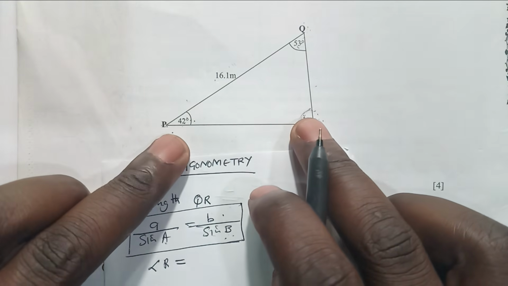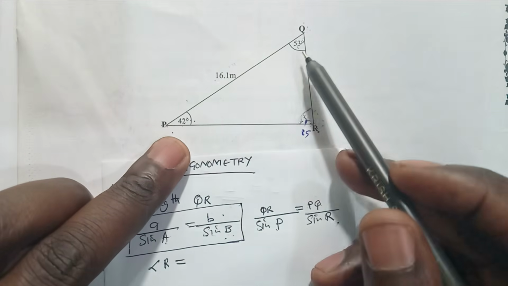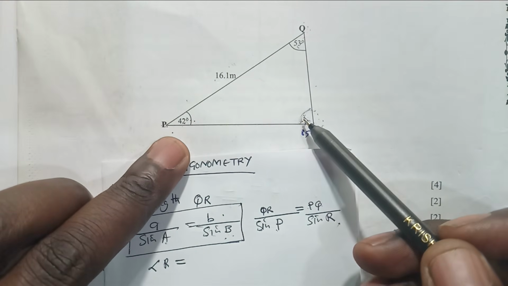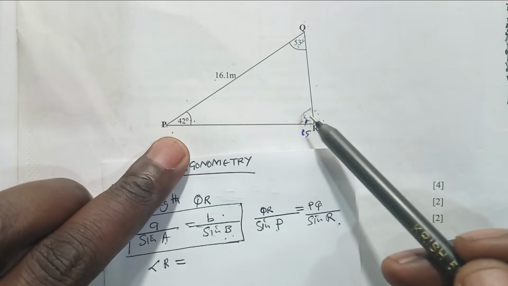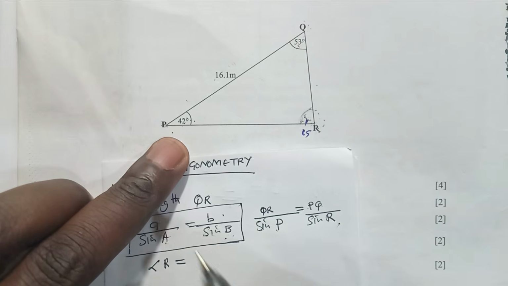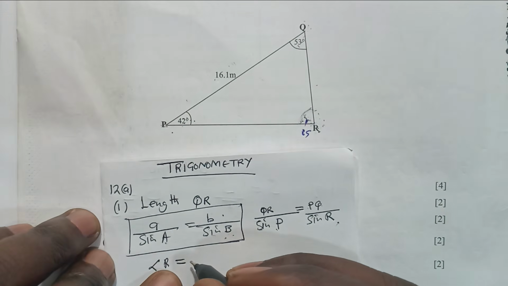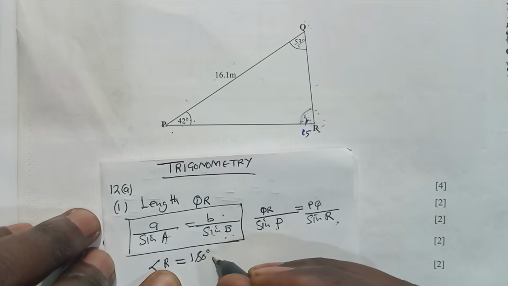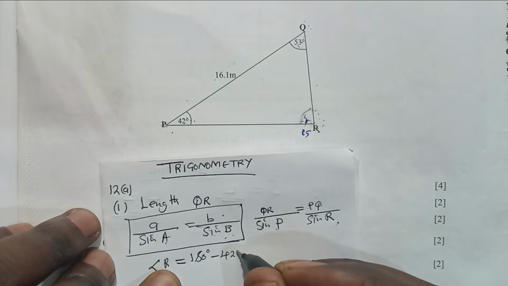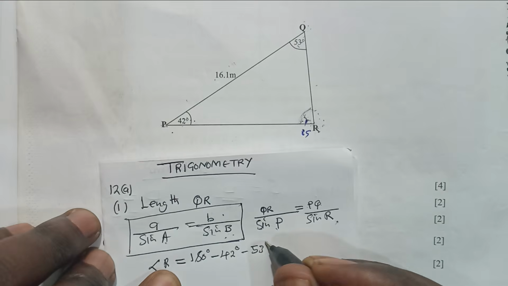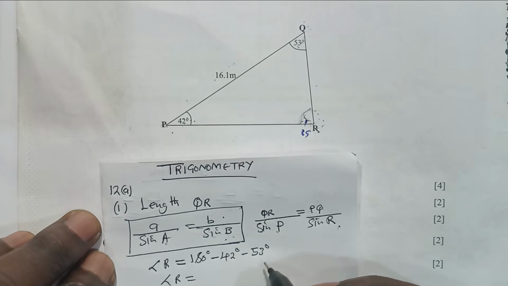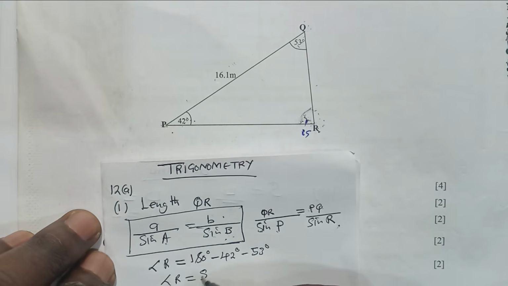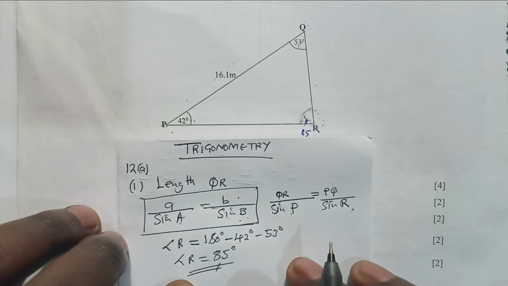We understand that the sum of interior angles of a triangle is equal to 180 degrees, meaning if we subtract the two angles from 180, we are going to have the angle at R. So angle R is equal to 180 degrees minus 42 degrees minus 53 degrees. When we subtract the two angles from 180, we are going to have 85 degrees. So we know the angle at R.